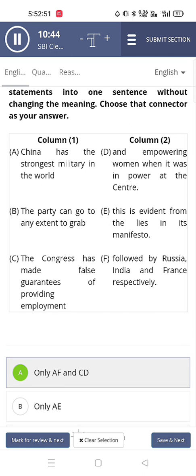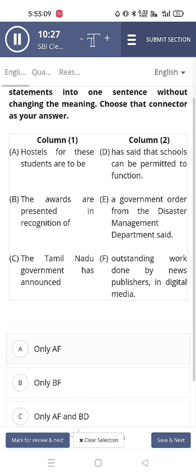Then we will check C and D. The Congress has made false guarantees of providing employment and empowering women when it was in power at the center. So C and D is also correct. So we will move up. Hostels for these students are to be, has said a government outstanding wrong.